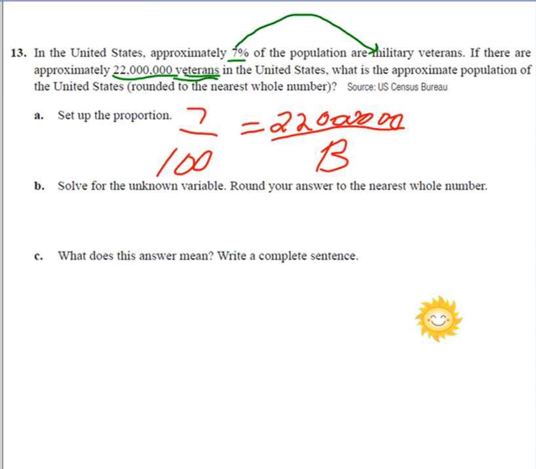And so solving it, we will cross multiply. 7 times B equals 100 times the 22 million. So we'll have 7B equals, and so now when we multiply, we're going to have 22 with 8 zeros.